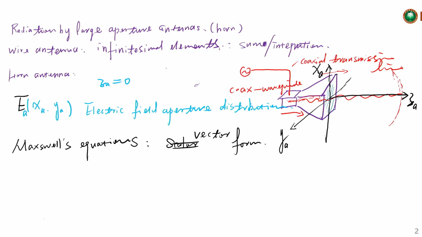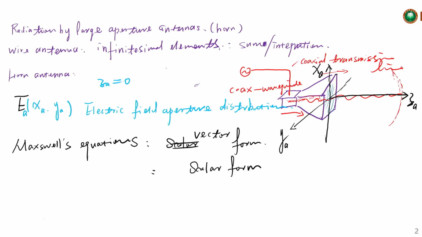Another option, for simplification, is to consider a scalar form. That means it can simplify our calculation. The scalar form we call Kirchhoff's approximation.